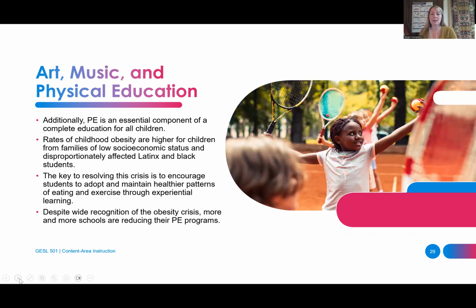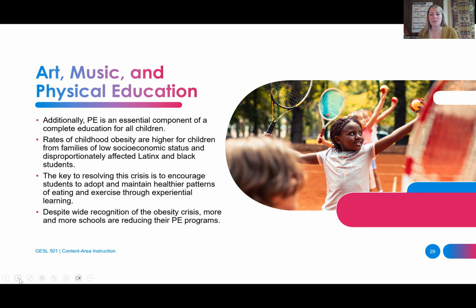Additionally, physical education is an essential component of a complete education for all children. Rates of childhood obesity are higher for children from families of low socioeconomic status and disproportionately affect our Latinx and Black students. So, the key to resolving this crisis is to engage students in understanding how to adopt and maintain healthier patterns of eating and exercise.